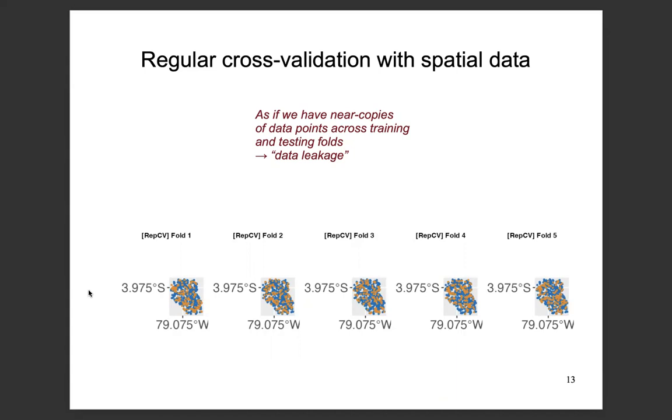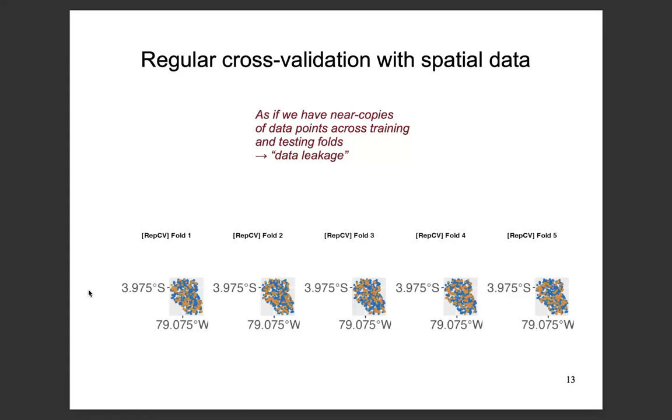And the yellow points here show how cross-validation would distribute points over 5 folds. Each fold would have points that are very near each other, some of them in yellow, some of them in blue, meaning ending up in training and testing sets.